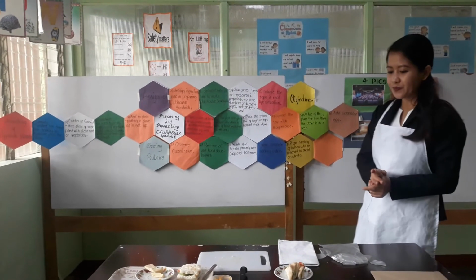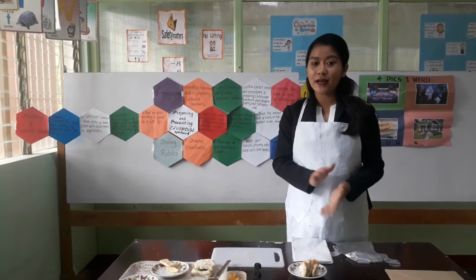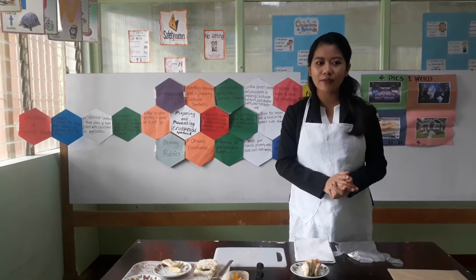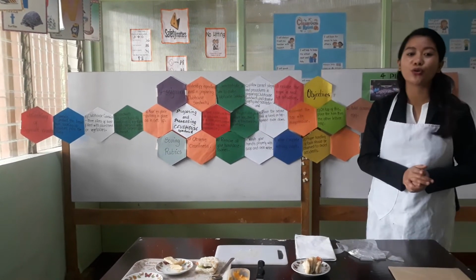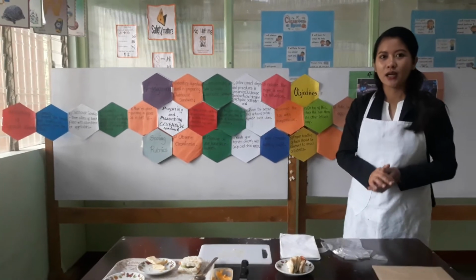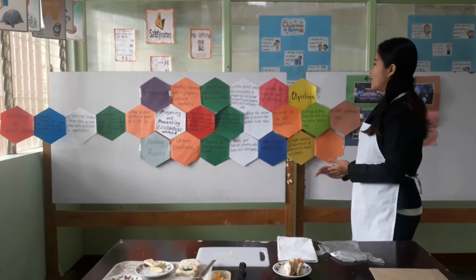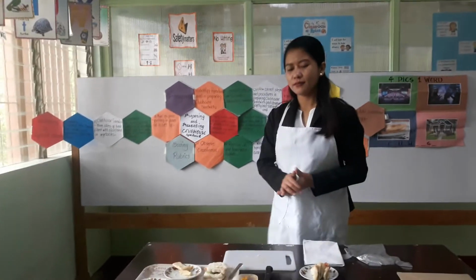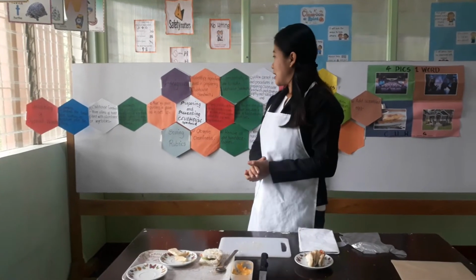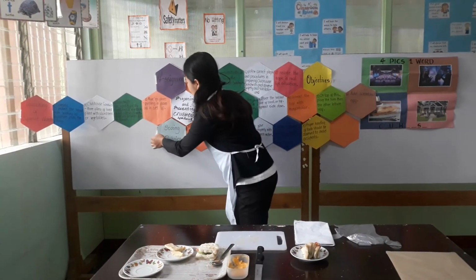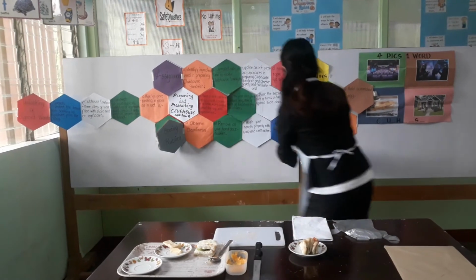Okay, so yesterday I assigned to you your partner, right? Because this time you will be able to make your own clubhouse sandwich. Are you ready? Okay. So this would be your scoring rubric.